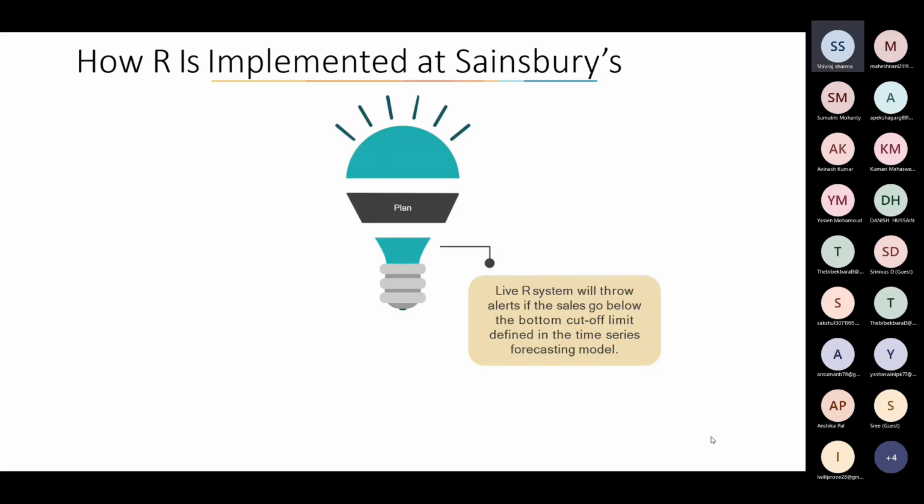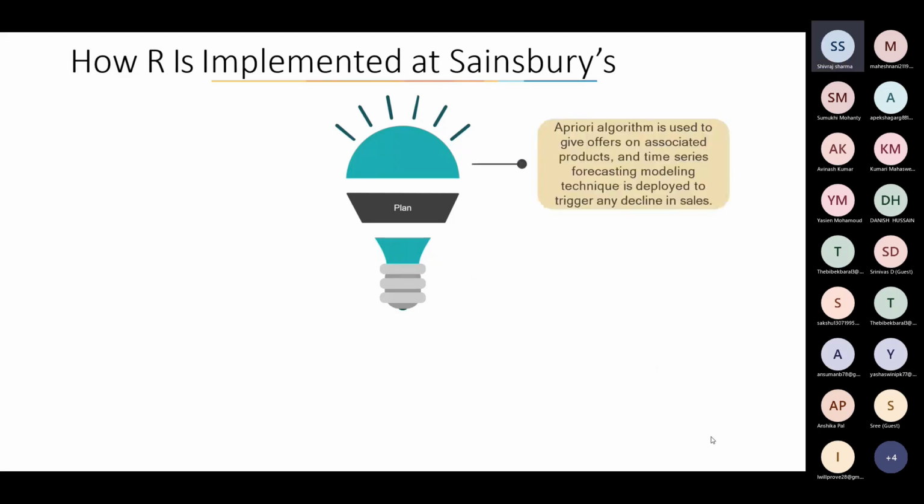So the live R system, which gets data in a live scenario and is updated every 30 minutes, analyzes the data and gives an alert whenever sales go below the cutoff limit defined through the forecasting models. So it is very easy for management to get an alert that sales are going down, and the appropriate decisions can be taken immediately.